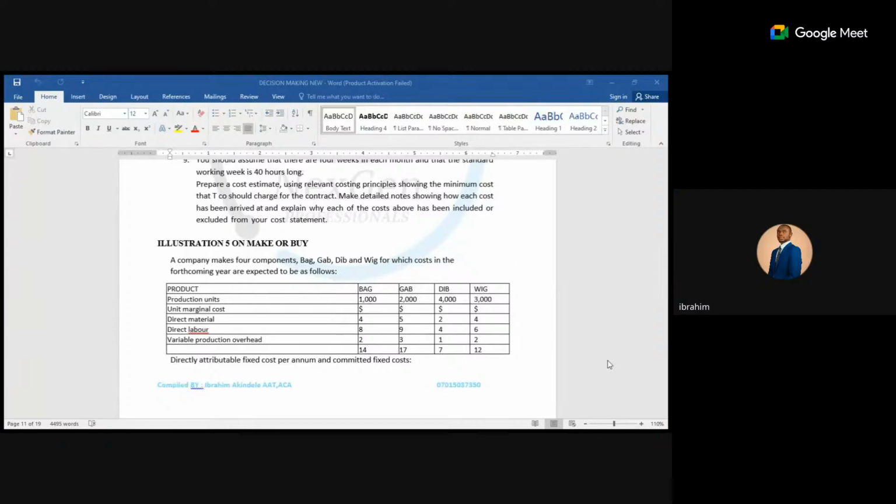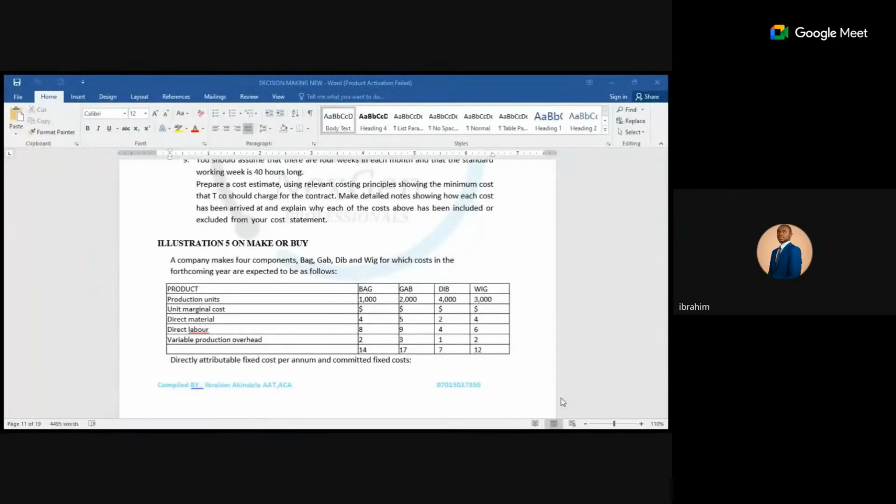Class, when you want to make a decision under make or buy, a company can decide to produce the product internally, that is make, or buy it or outsource it.